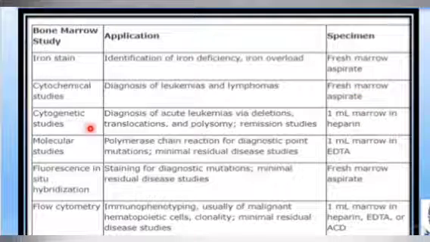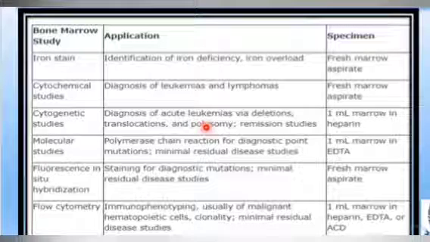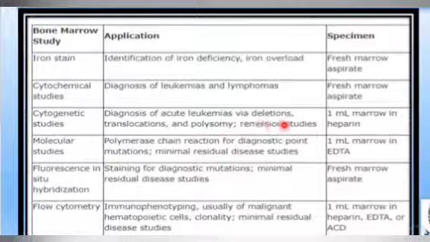Cytogenetic studies are diagnostic of acute leukemia, where we are looking for deletions, translocations, polysomy, and remission studies, and 1 ml marrow in heparin is needed for these cytogenetic studies. Molecular studies, like PCR, for diagnosis of point mutations and minimal residual disease studies, also need 1 ml marrow in EDTA.